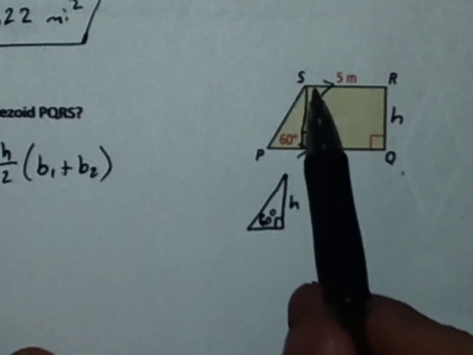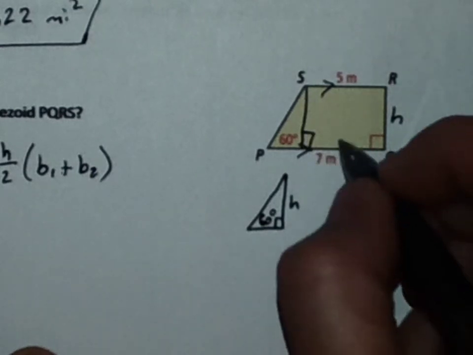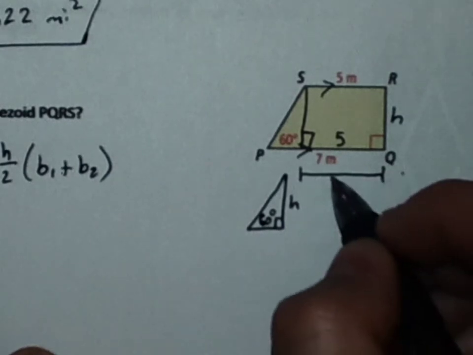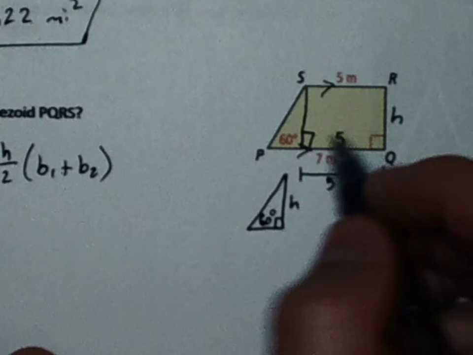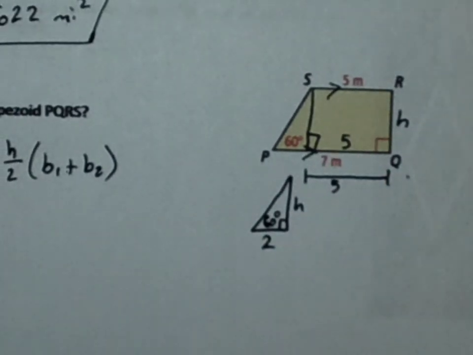Well, if this distance is 5, this distance right here would also be 5. From here to here has to be 5. So this distance right here has to equal 2.